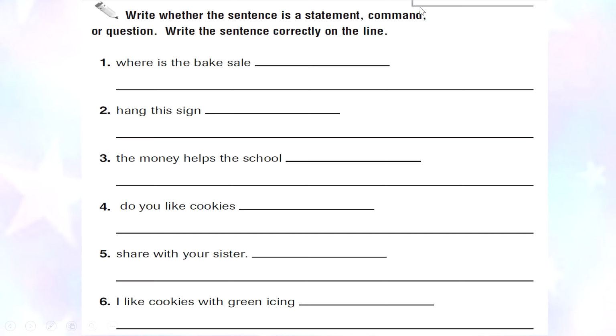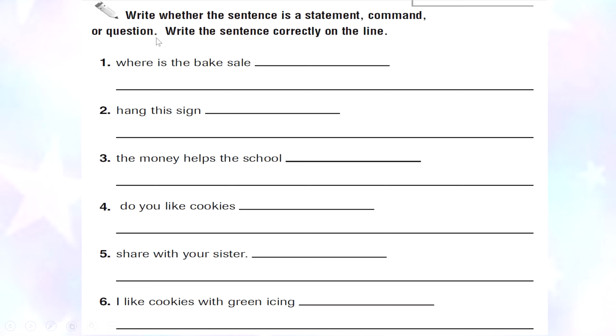A command that tells someone to do something. Or a question that asks and needs an answer. On this small line, you have to write the type. Statement, command, or question. And on this line, you have to rewrite the sentence correctly, with the correct capital letter and the suitable end mark.